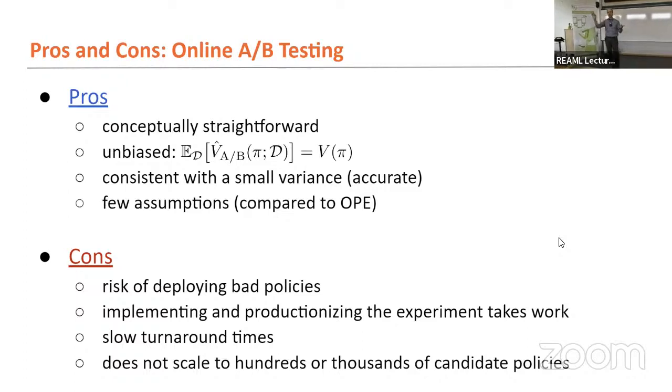So it's consistent and has small variance. It really doesn't make a lot of assumptions. But there are a couple of big downsides here. The first is, if the new policy that you want to evaluate is bad, now you're serving bad results for a week. And that's not good. So there's a risk of deploying something bad.